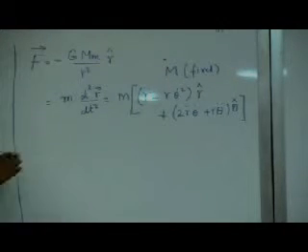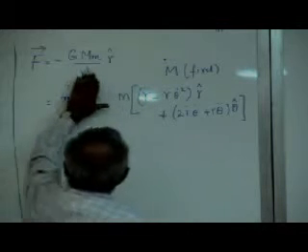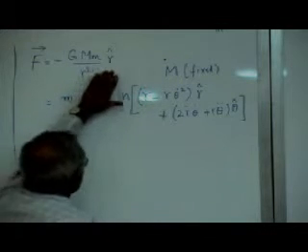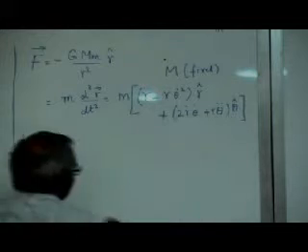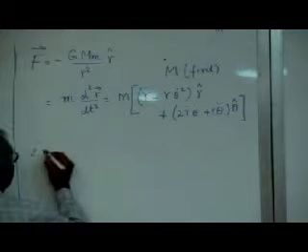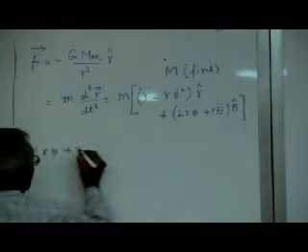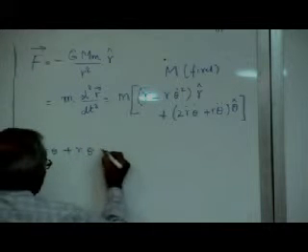Now, given this, notice the left hand side has only r cap, here I have r cap and theta cap, so I get 2 r dot theta dot plus r theta double dot.